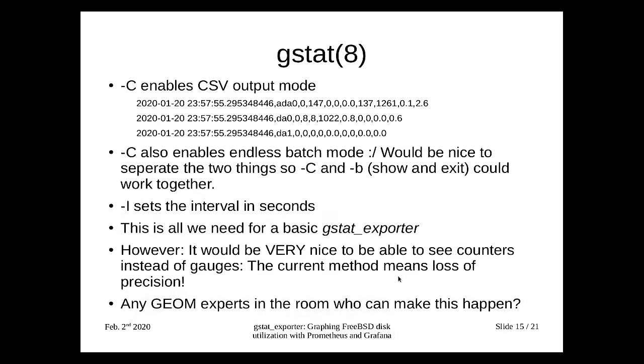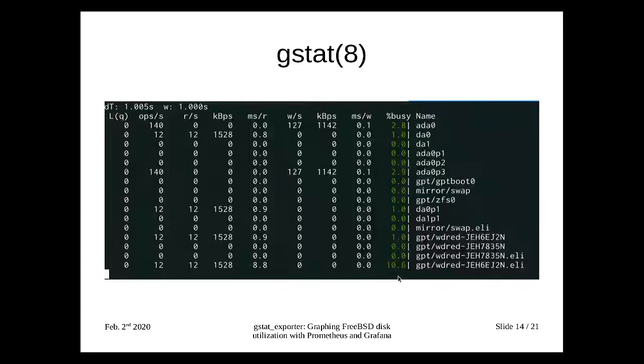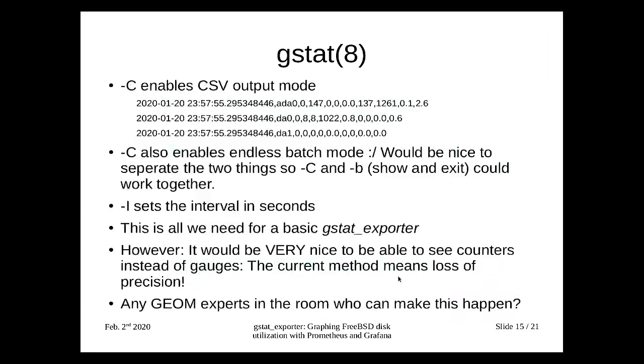Also, if gstat could somehow export the counters it bases the top display on. So these are, you know, the difference between counters and gauges, and we lose a bit of precision because I'm reading the gstat values as gauges. There's an update frequency in gstat, so every 5 seconds or every 1 second or something, and stuff that happens in between, let's say every 5 seconds, is kind of lost.